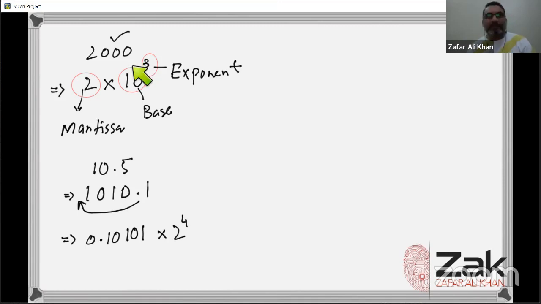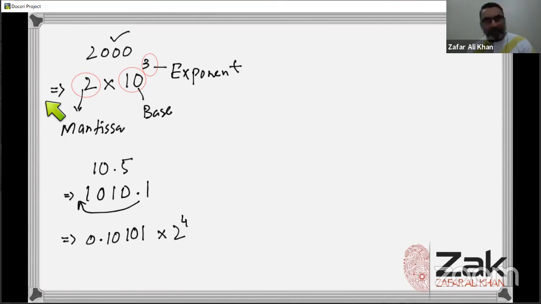As in this representation, 2 has a point towards its right, so this is actually 2.0. And the exponent is positive 3. So when the point from this 2's right side moves 3 places further, we add 3 zeros to get this 2000 back.